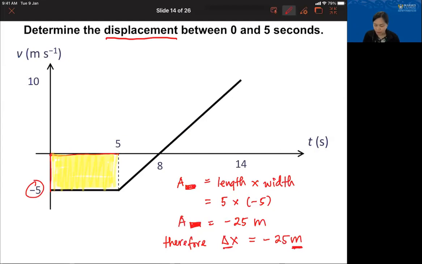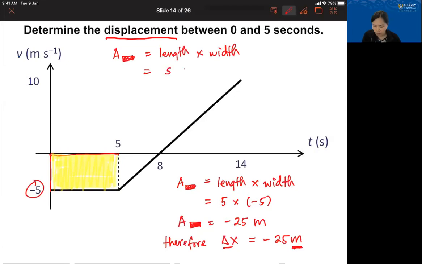If we figure out the unit from our equation, the area of a rectangle is equal to length times width. The unit for the length is this 5 seconds, so the unit for the length is seconds.